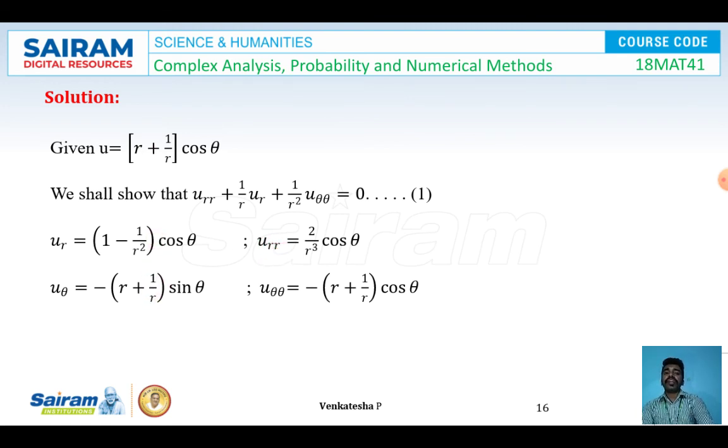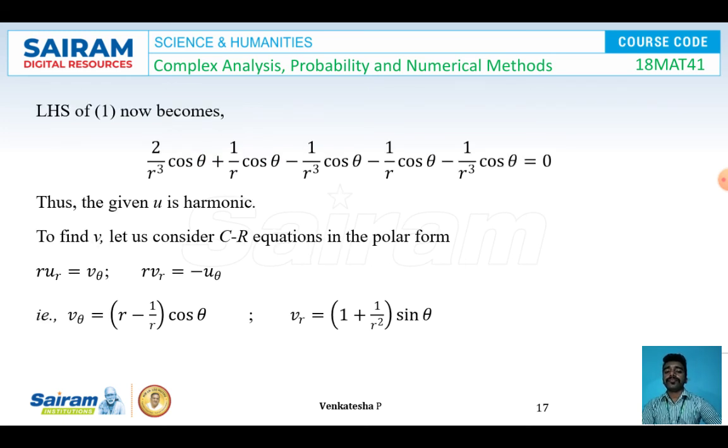So we got the equations after replacing like this. I got v_θ is equal to (r minus 1 by r) cos theta and v_r is equal to (1 plus 1 by r²) sin theta. In the place of u_r, I'm replacing ∂u/∂r, and in the place of v_r, I'm replacing minus ∂u/∂θ divided by r. So I got these equations now.